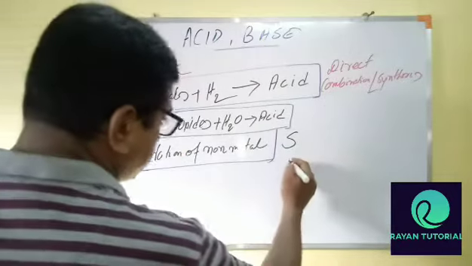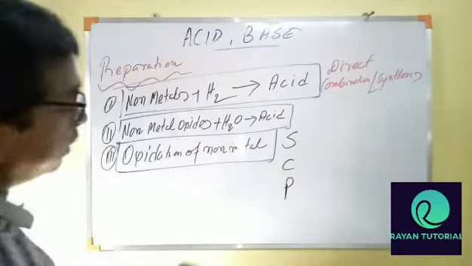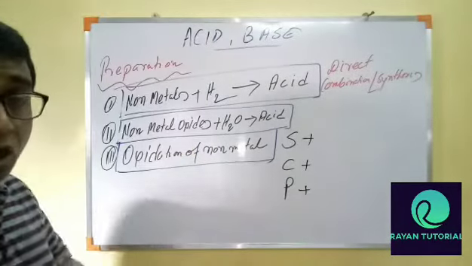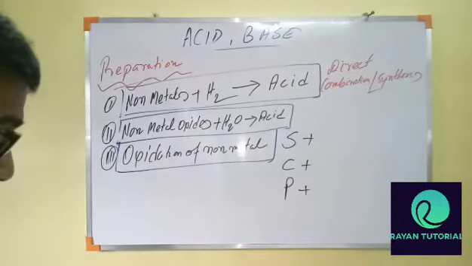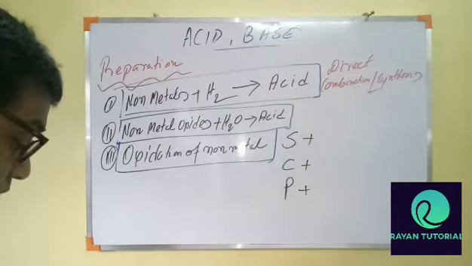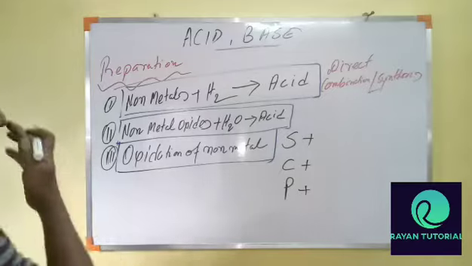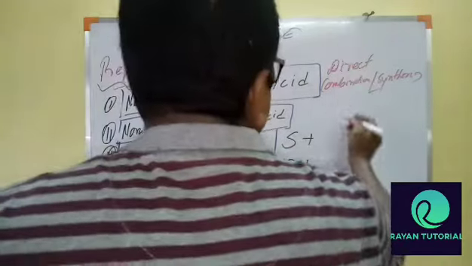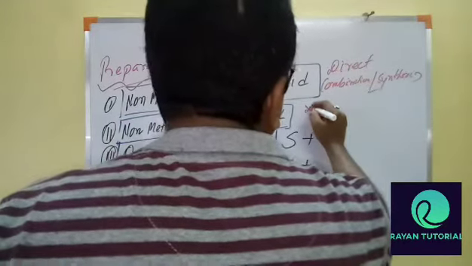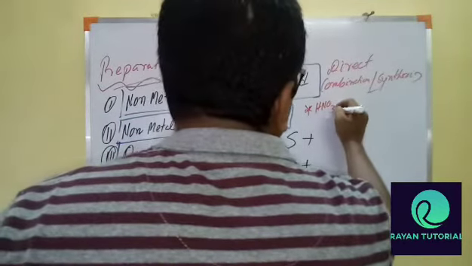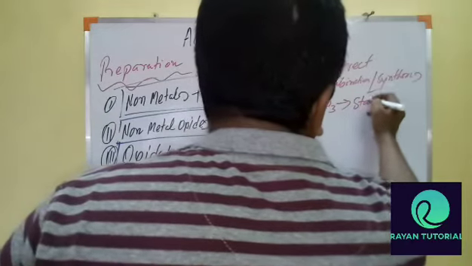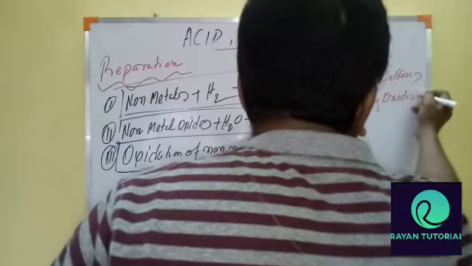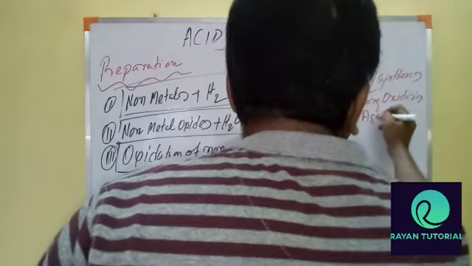Just now we took carbon, phosphorus. Now you have to oxidize it, right? You have to oxidize it. Always remember HNO3. Where should I write? Let me write here. HNO3, strong oxidizing agent.